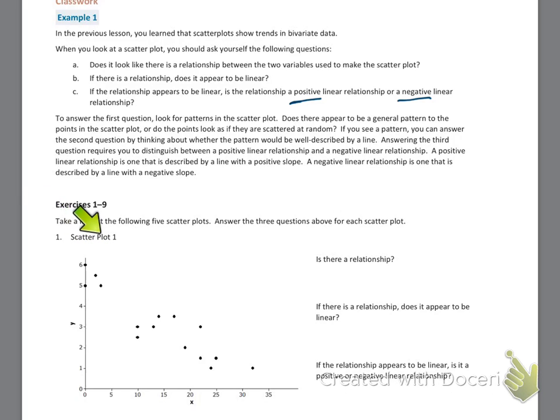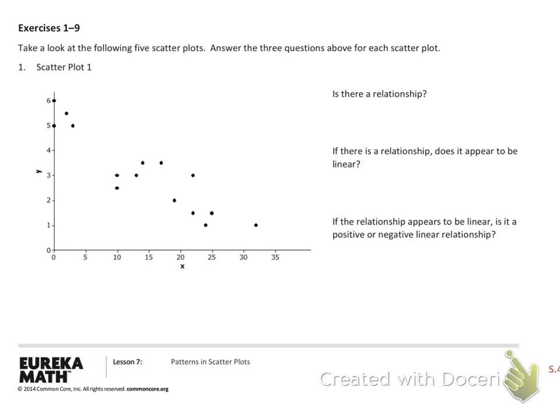Looking at scatter plot 1, I actually have it bigger on this page. We're going to ask ourselves the 3 questions. Is there a relationship? Yes, there does appear to be a relationship in this case. If there is a relationship, does it appear to be linear? This one definitely appears to be linear.